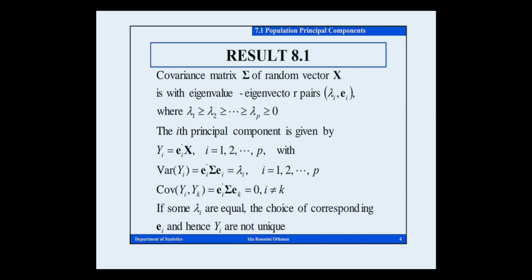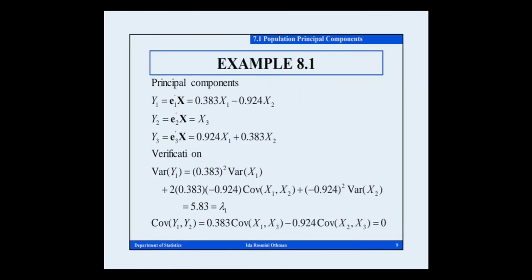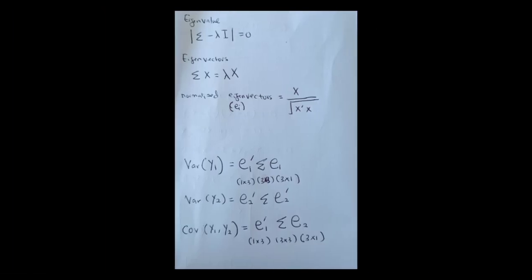Okay, let's see pula macam mana the theorem mengatakan yang nak prove that variance of yi equal to lambda i. Let's see here, variance of y1. Variance of y1, formulanya tadi adalah E1 transpose multiply big sigma multiply E1. We have the normalized eigenvectors tadi.